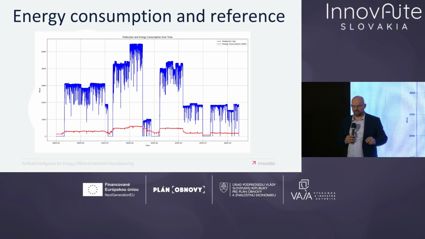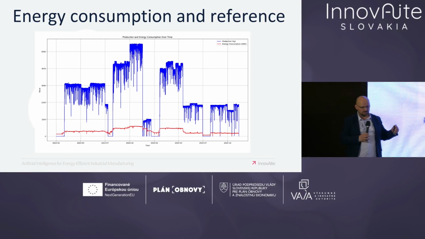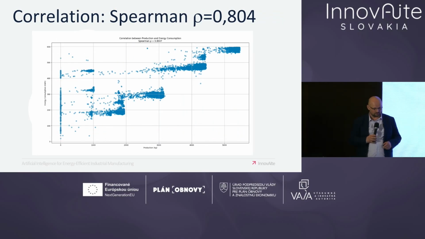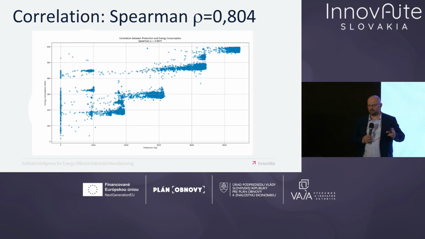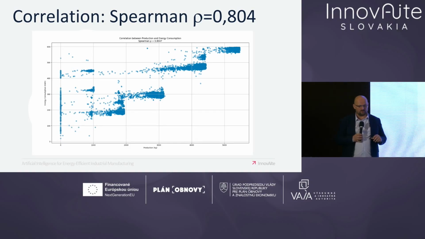So I have consumption, I have reference value, and I try to train the model that will find inefficiencies. The first thing to do after clearing the data is to do a correlation.